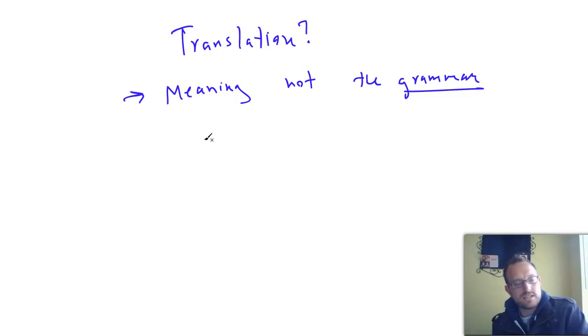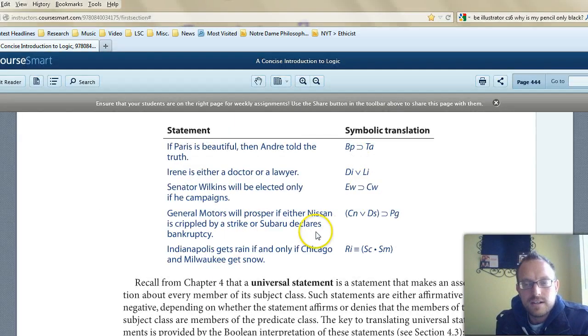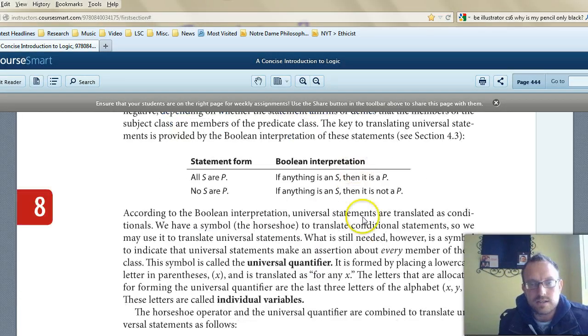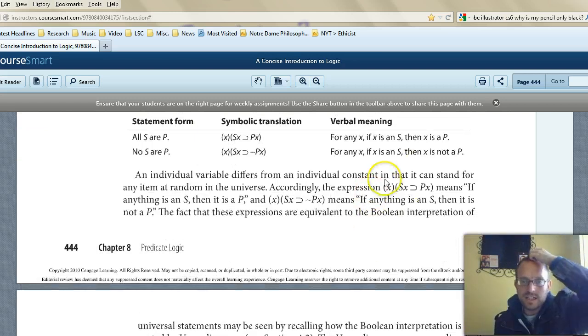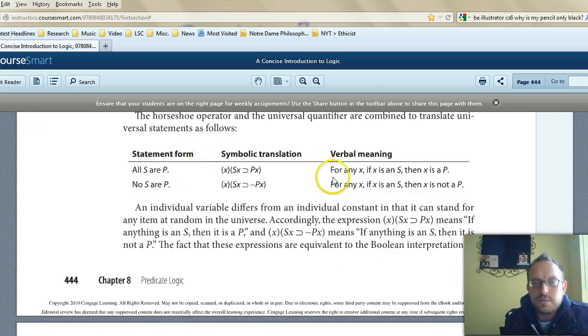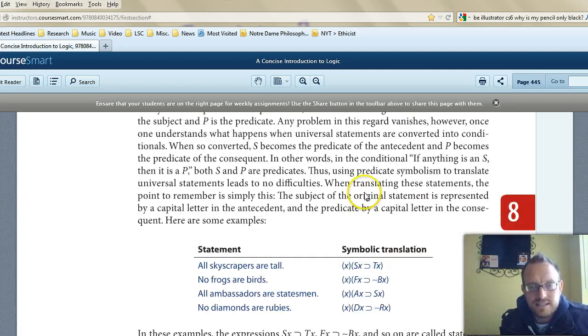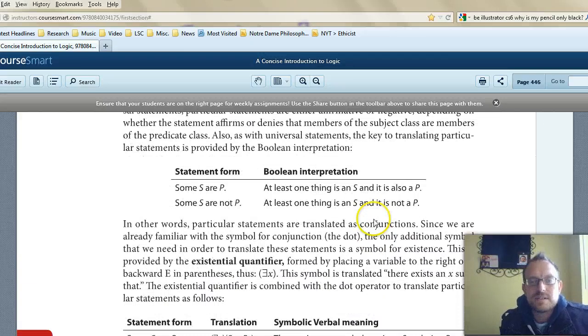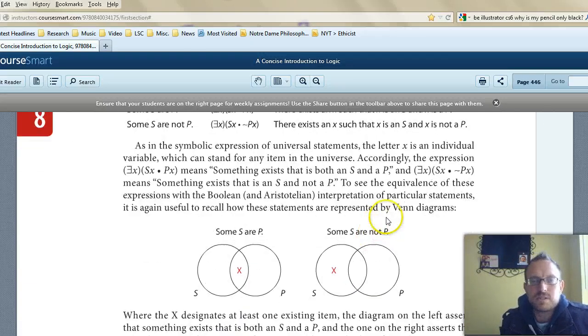So let's go here to the textbook and show you an example. Take a look here. Here's the language they put for any x: if an x is an S, then it's a P, and so on and so forth. So they give you the Venn diagrams, the Boolean interpretation, all those sorts of things.